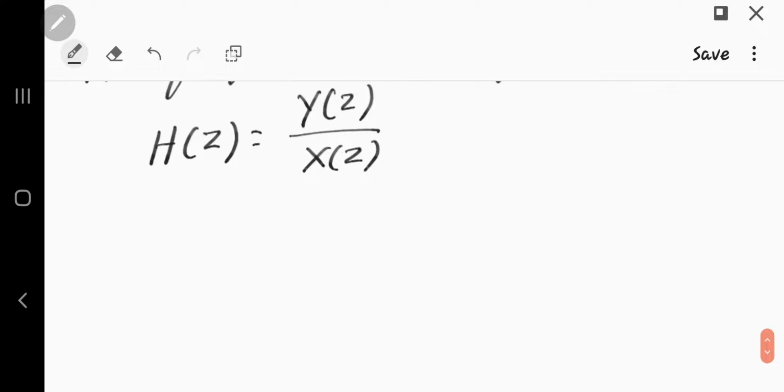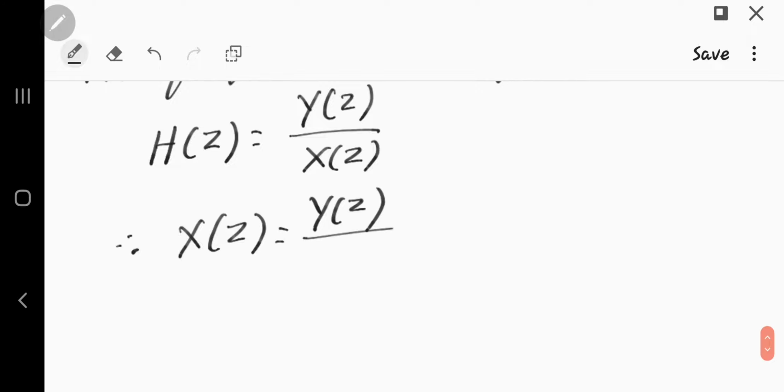So if you rearrange this, you will get x of z equal to y of z by h of z.